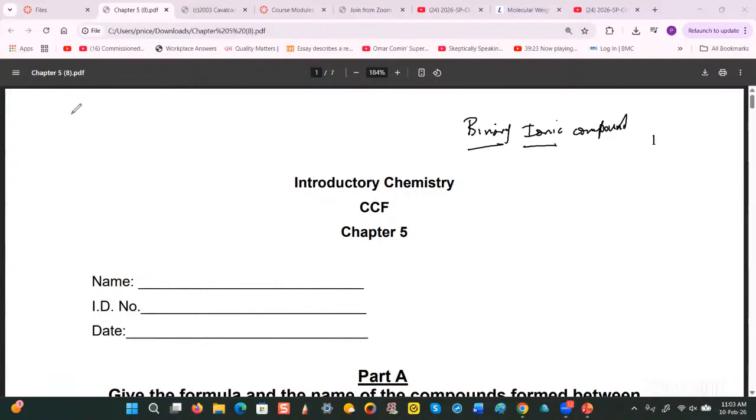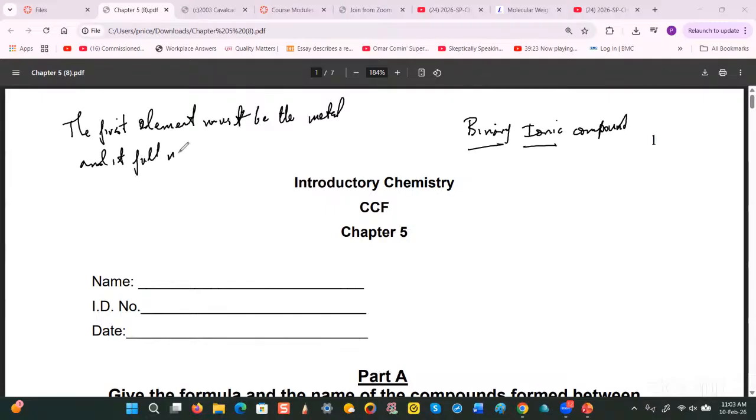According to the rules for naming binary ionic compounds, the first element must be the metal, and its full name is used. So that's the first thing. The first element in the name, and also in the formula, as you're going to see, must be the metal.